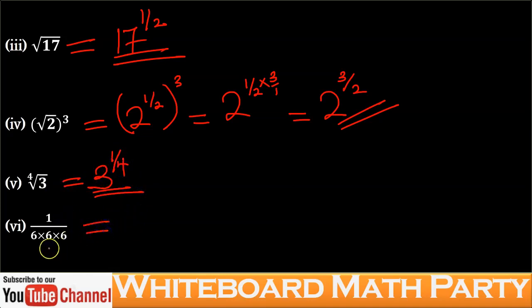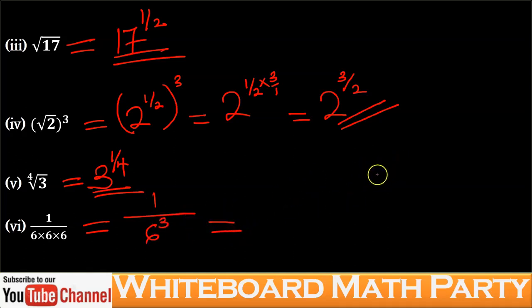1 divided by 6 times 6 times 6, 6 in 3 places. If I further simplify this, first of all, this is 1 over 6 to the power of 3. But this is not the final answer because I have not actually expressed this in index form. Therefore, to make this simple in index form, I'm going to apply a rule, which is the rule of negative power.